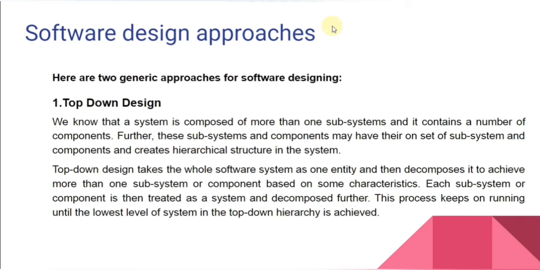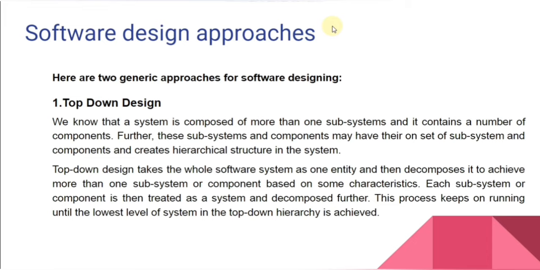In the computer science department we have programs such as bachelor's, MS, PhD. So the system is divided. We are coming from the top towards the down, and we divide the system into components. So this is called top down design. We divide the system into hierarchical form.